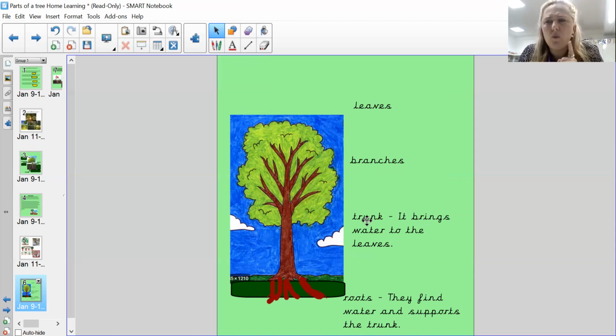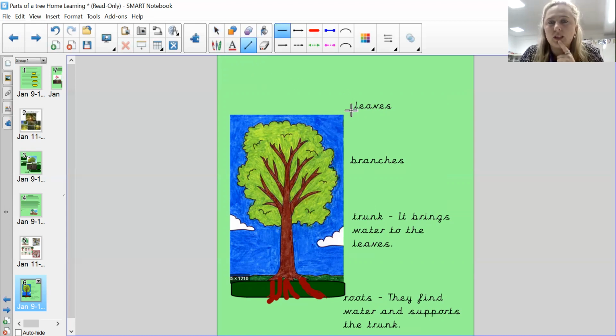But when we're labeling a drawing in science, we need to use a ruler. The lines that we draw need to be straight. So luckily my computer does it for me, but you need to use a ruler. Okay, so you're going to draw a line to each of the things. So there's the branch, there's the trunk, and there are the roots.